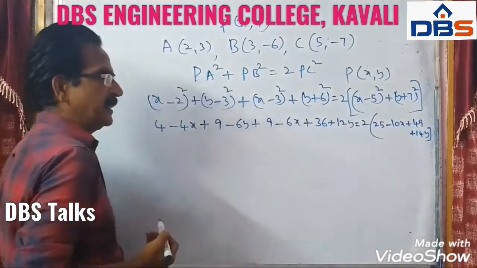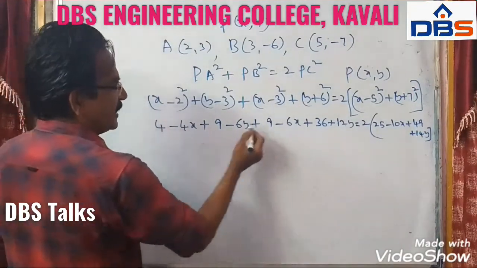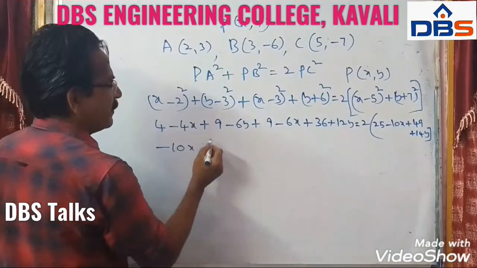The square term gets cancelled, friends. So minus 4x minus 6x, minus 10x.